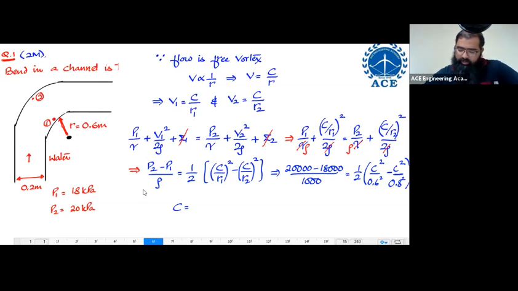C is equal to 1.814. The value of C is coming out to be 1.814. This is the value of C we are having.